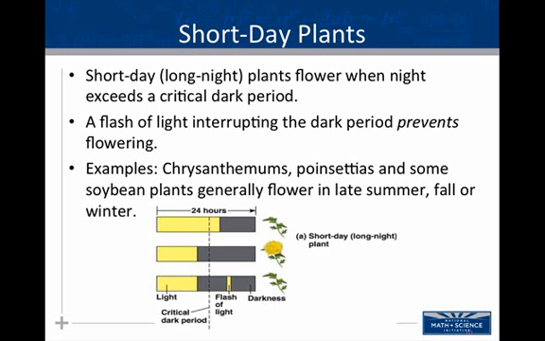Natural nighttime light, such as moonlight or lightning, is not sufficient brightness or duration to interrupt flowering. In general, these short day, long night plants flower as days grow shorter and nights grow longer, so after June 21st in the northern hemisphere, which is during summer or fall. Note that some species must pass through a juvenile period during which they cannot be induced to flower.